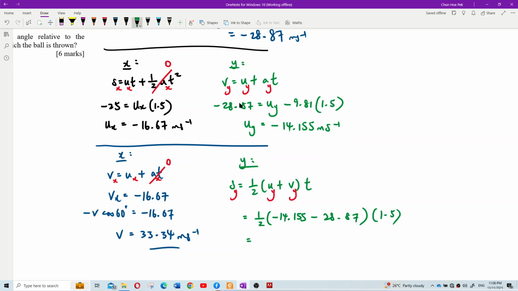Let's find out. Negative 14.15 minus 28.87, times 1.5 and divide by 2. So sy is negative 32.27 meters. So h is actually 32.27 meters.